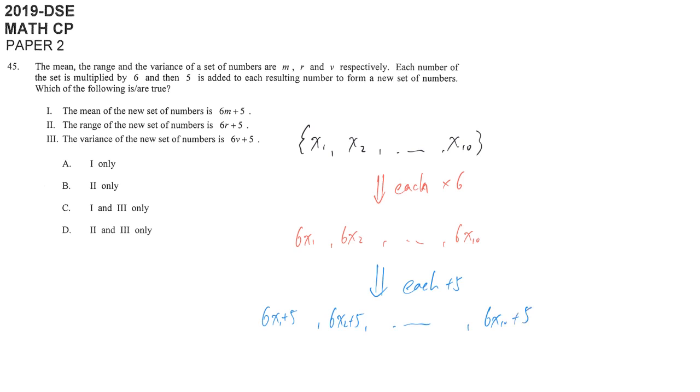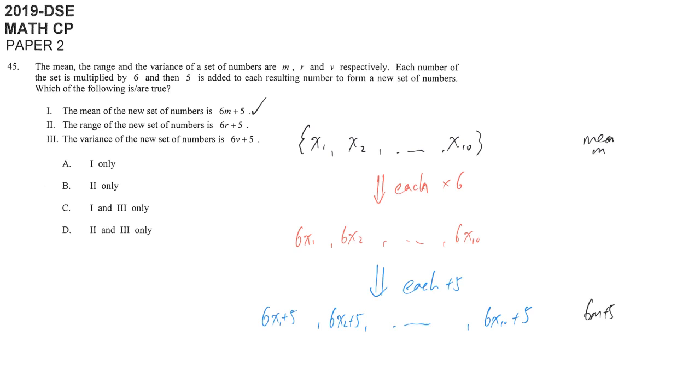And then what happened to the mean? Because every data is times 6 and also we shift up by 5, of course the mean m will become 6m plus 5. So the first statement is correct.